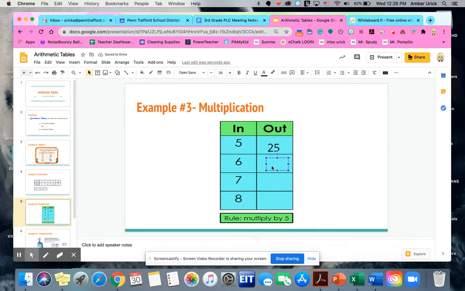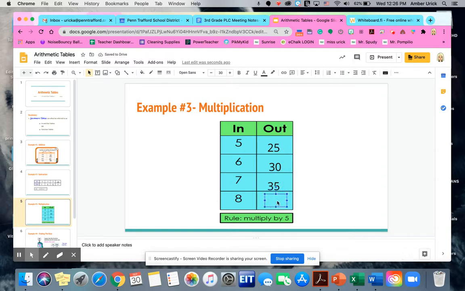So 5 times 6. Count by 5 6 times. 5, 10, 15, 20, 25, 30. Good job. How about 7 times? 5, 10, 15, 20, 25, 30, 35. Are you seeing a pattern on my out box side?